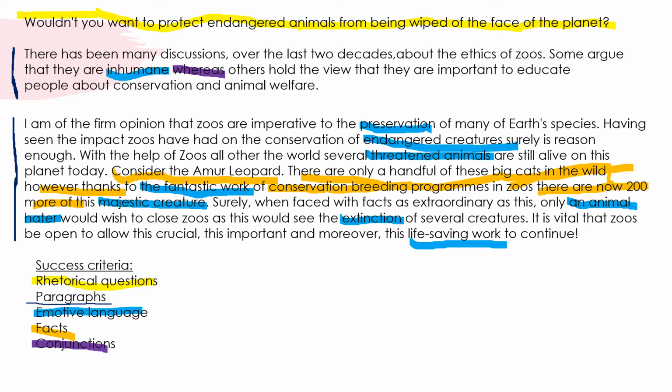Then I have this conjunction here, however. And I do believe I have some more, but I'm struggling to find them at the moment.